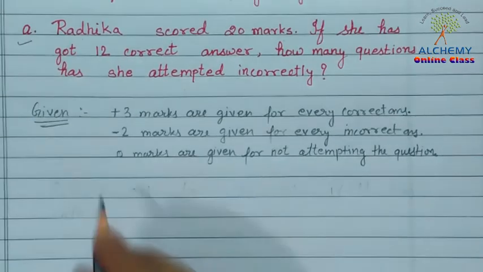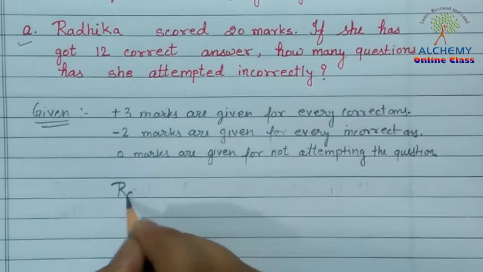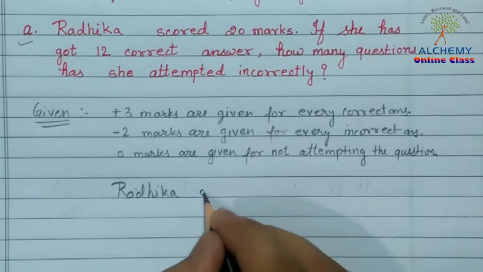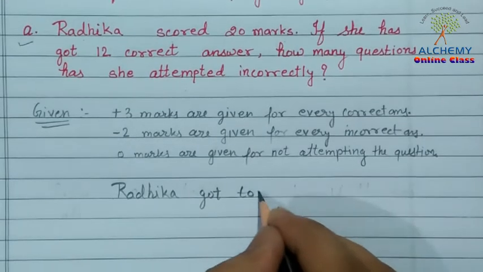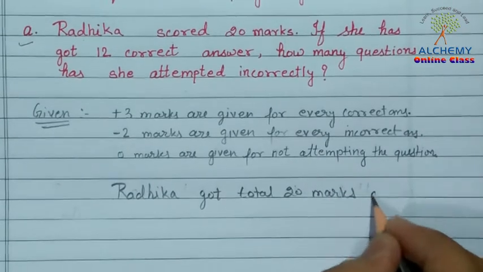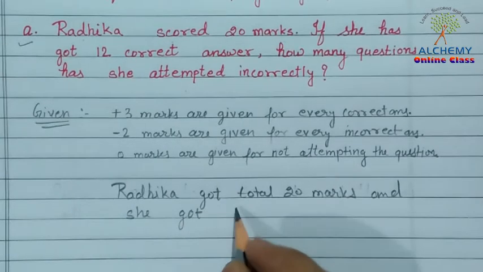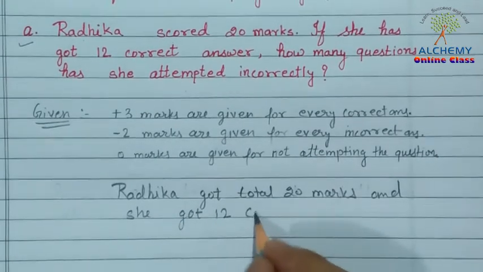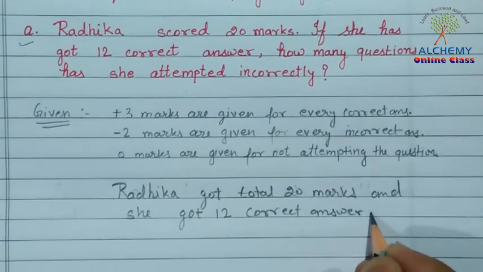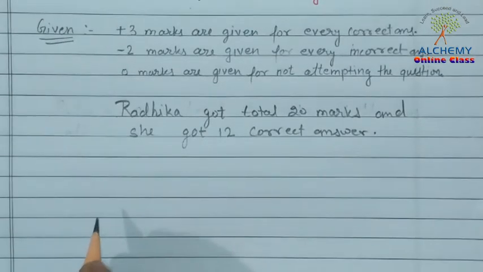Okay, so it is also given Radhika got total 20 marks and she got 12 correct answers. Okay, so students, first of all we have to find how we can find the total marks.